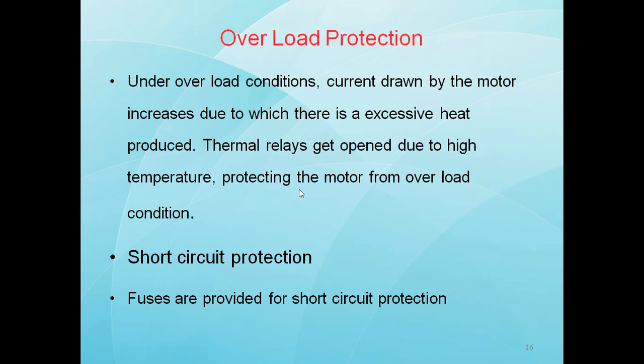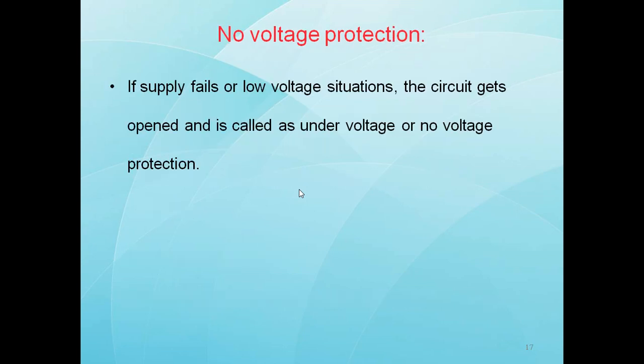So the next one is short circuit protection. Features are provided for short circuit protection. When a short circuit happens, high current flows and the fuse will be burned. Next one is no voltage protection.